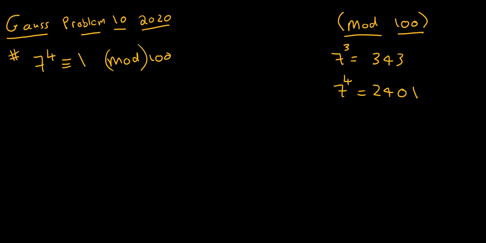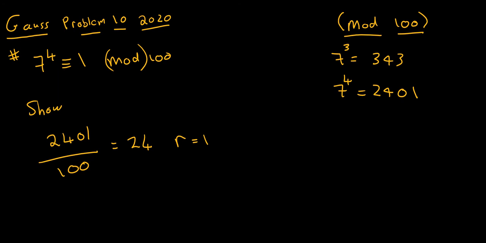And we can show that because 2401 divided by 100 is 24, and we've got a remainder of 1. 24 multiplied by 100 is 2400, and we have a remainder of 1.